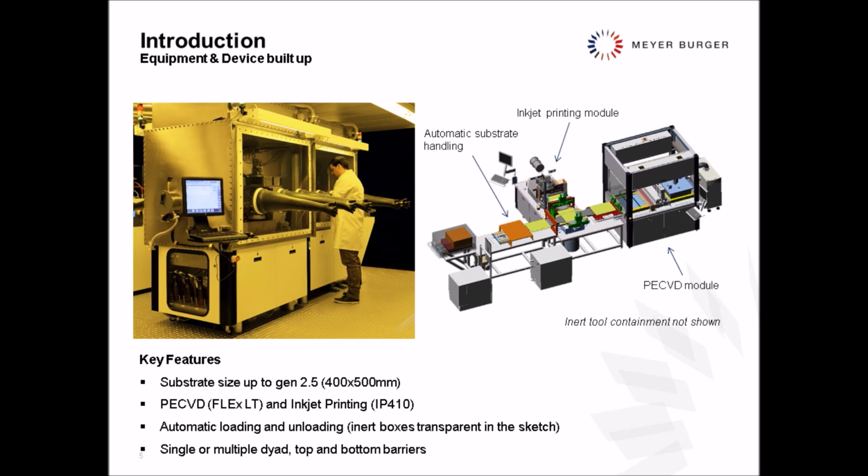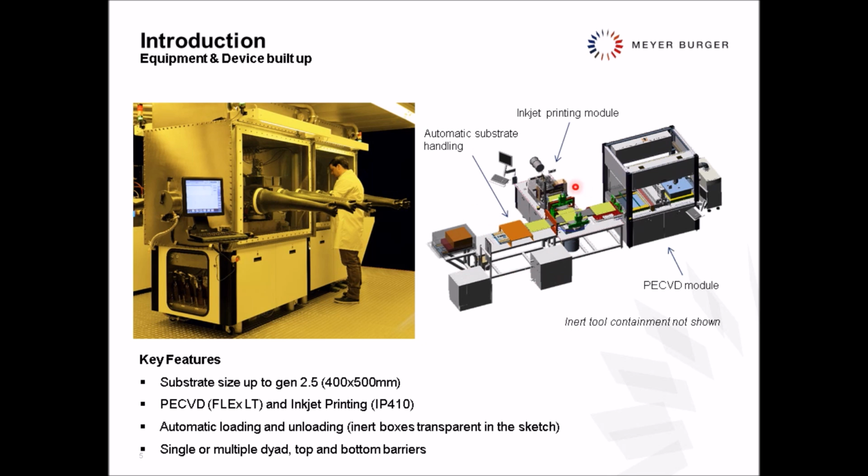We have seen the structure of the barrier, and now let's have a look at the equipment that makes this possible. Here we have a picture of a realized tool, and here a scheme of what this tool can contain. We start from an automatic substrate handling to have the incoming substrate being transported in the tool.